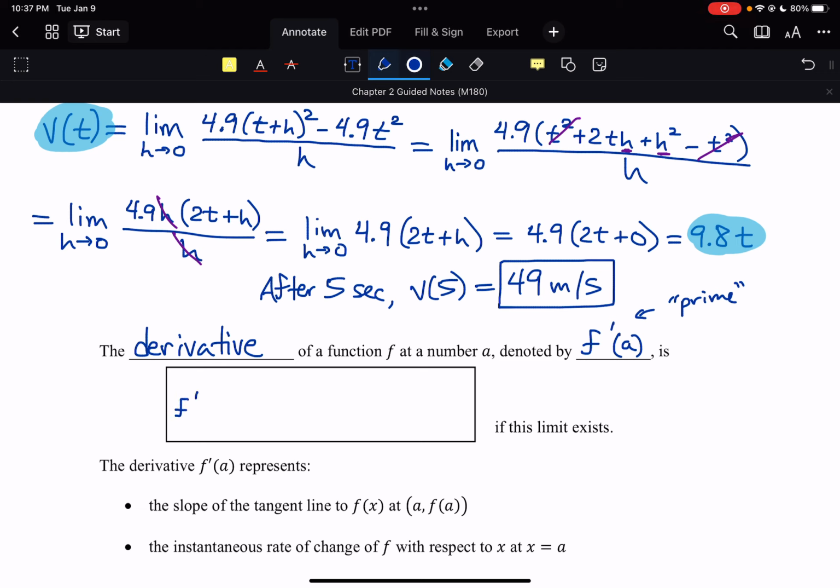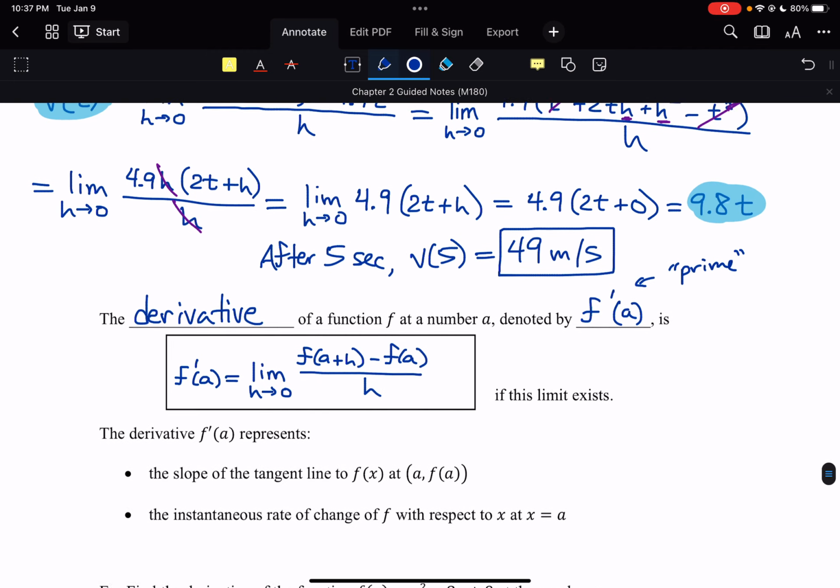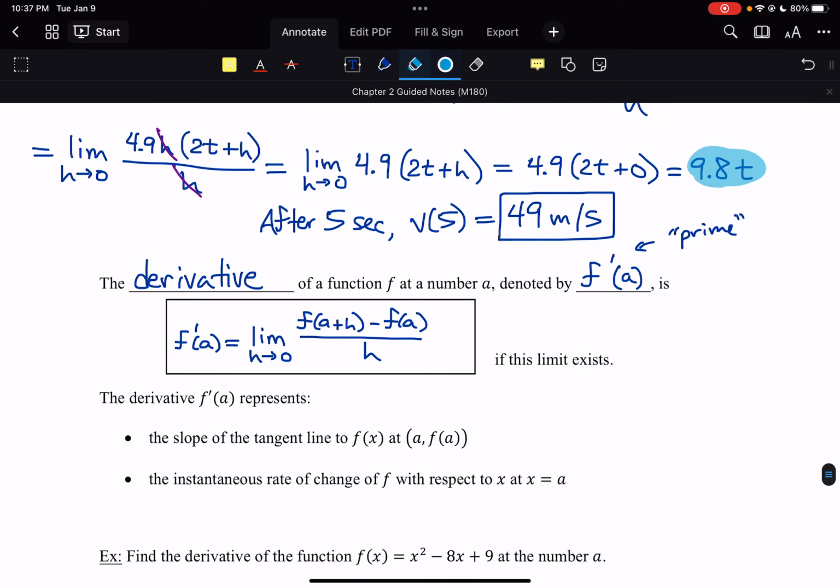So f prime of a is precisely this limit as h approaches 0 of f of a plus h minus f of a all over h, assuming this limit exists. The derivative represents exactly what I was just talking about.